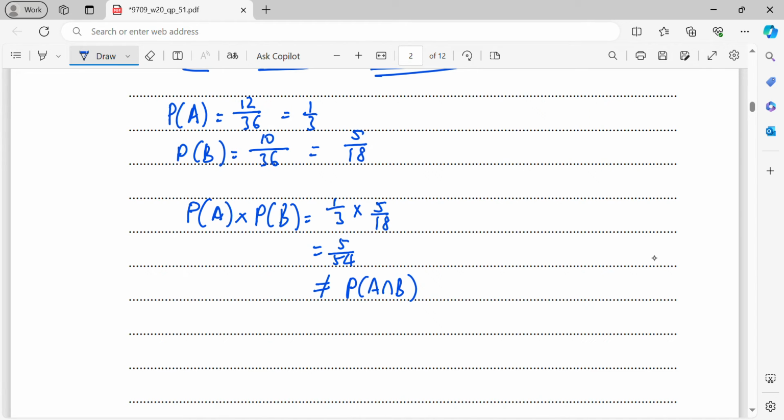So when they are not equal, that means A and B are not independent. Okay, so done for this question.